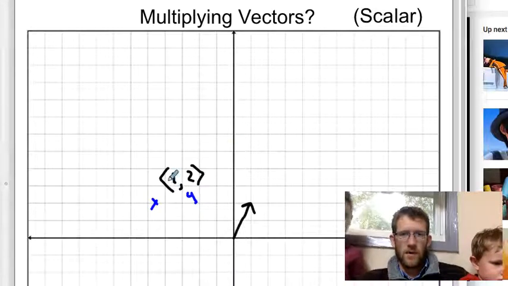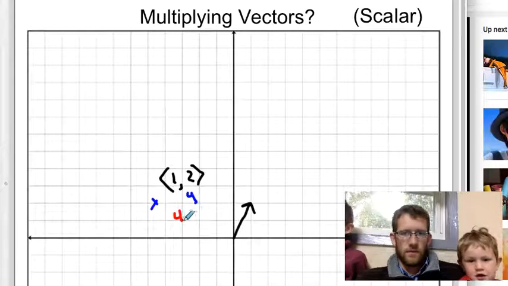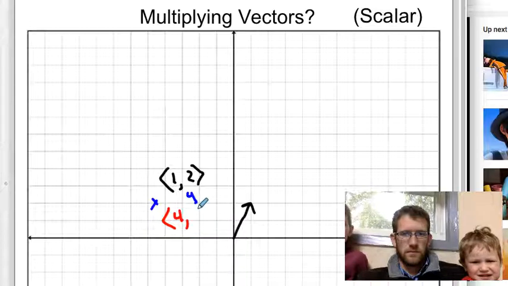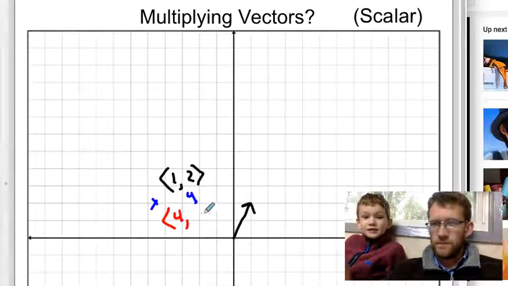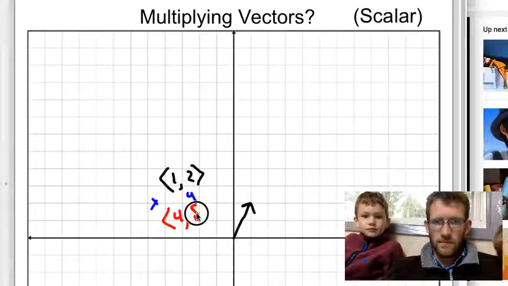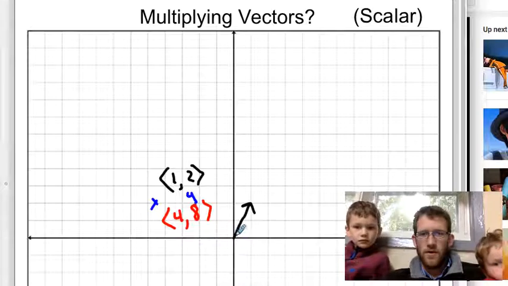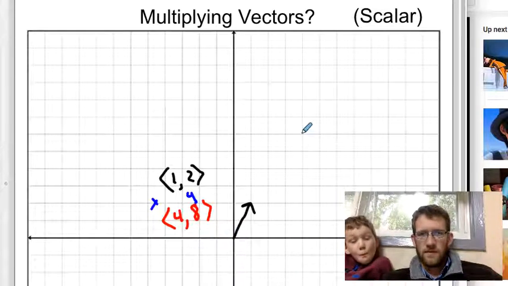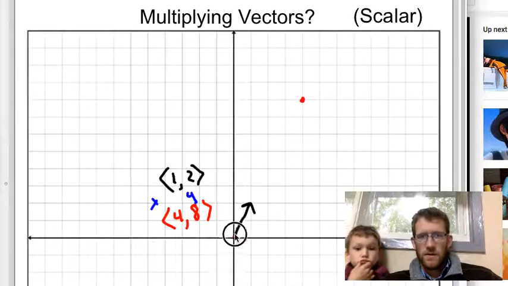Okay, what is 1 times 4? 4. What's 2 times 4? 8. Good job. So 4, 8. So my new vector goes over 4 and up 8 all the way up there. So this is my new vector.